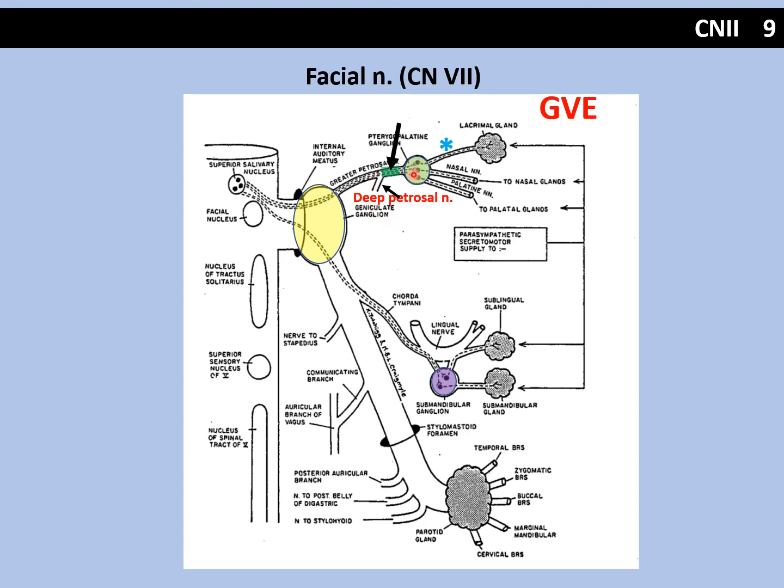From there, postganglionic parasympathetic fibers then travel to the palate via these palatine nerves. Likewise, they also travel to the nasal cavity to also provide parasympathetic innervation for the lateral nasal wall and nasal septum.